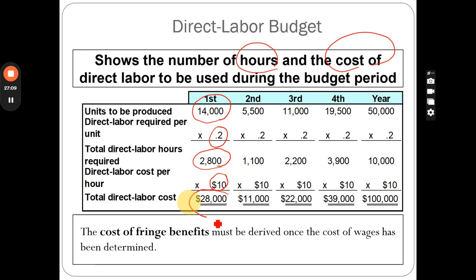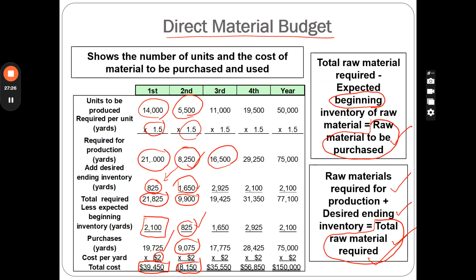So $28,000 I need in terms of labor cost, and that will repeat for all the quarters, and total $100,000 I need in terms of labor cost. So labor cost we need 100,000, and material we need 150,000. So both of these we got now.